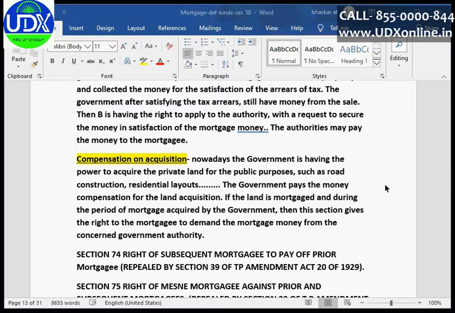So the owner, Mr. A, received that notice from the government. After giving notice, the government, in a matter of 4 or 5 months, came, acquired the property and removed the mortgagee from the possession of the property.